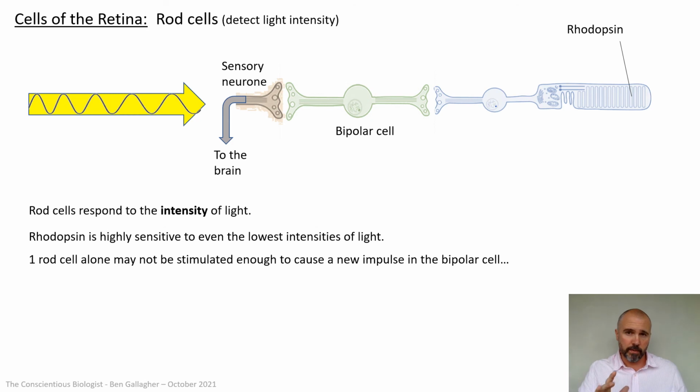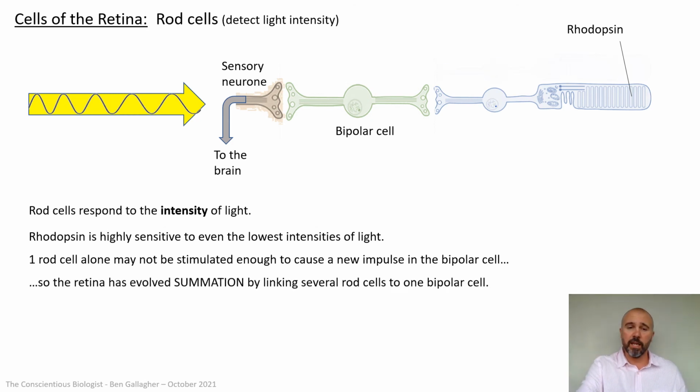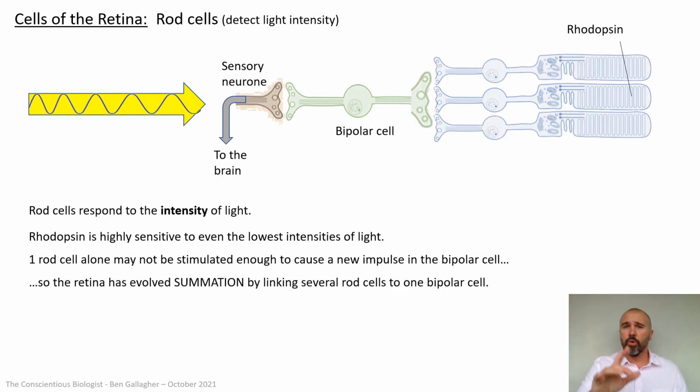So they do this cunning thing called summation, where you can get multiple rod cells connected to one bipolar cell. Not the best diagram I've ever done here, but you get the point. The bipolar cell can be much larger at one end, so it can feed off several rod cells. That means any one rod cell alone may not be stimulated enough to release enough neurotransmitter to cause an action potential in the bipolar cell.